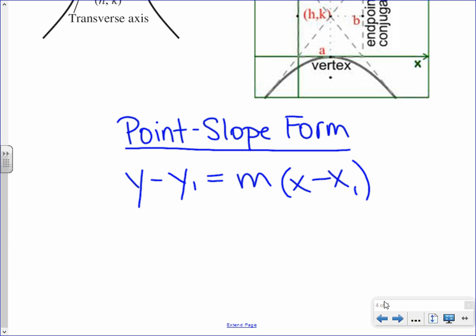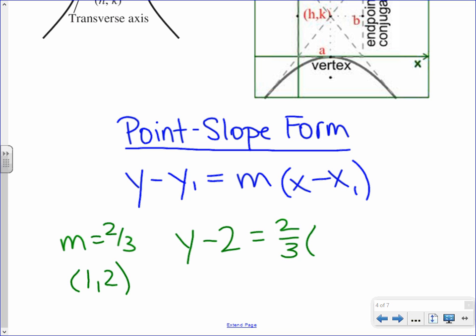So if I said that our slope was 2/3 and it went through the coordinate 1, 2, then we would write the line y minus 2 equals 2/3 times x minus 1. Maybe back in algebra you would distribute the 2/3 and then add the 2 over. We are literally going to leave it like this.